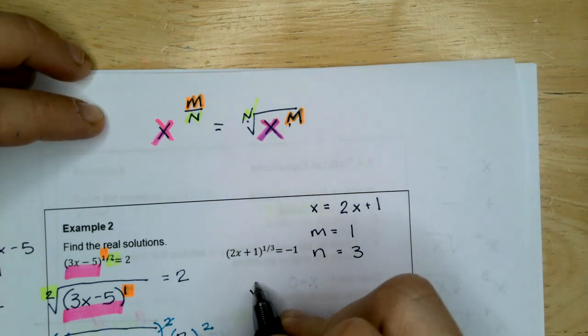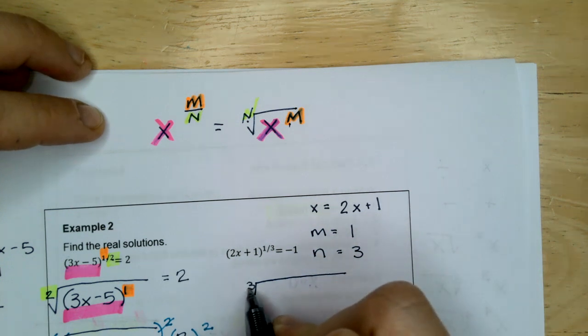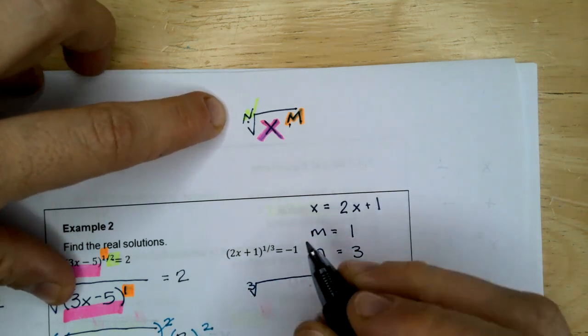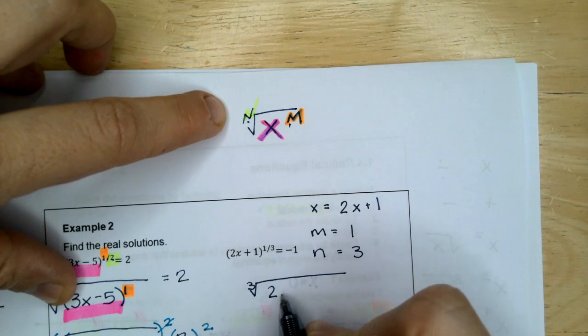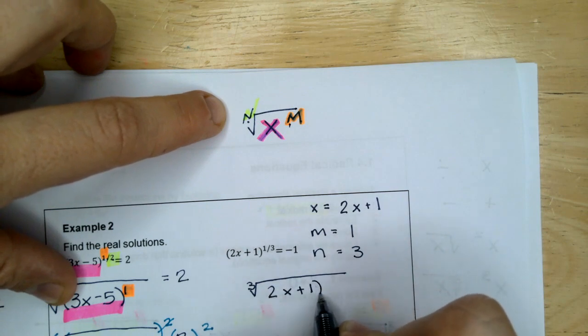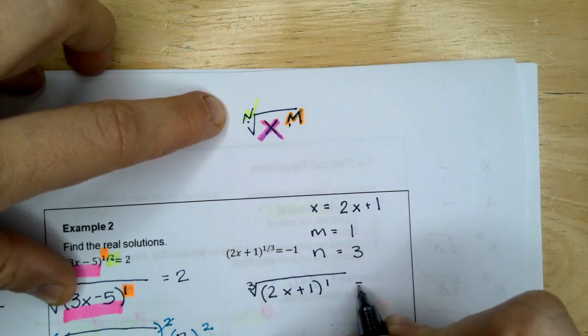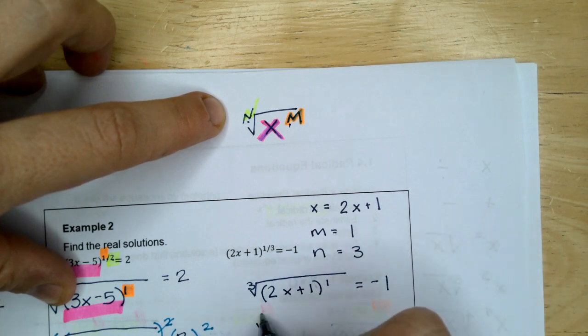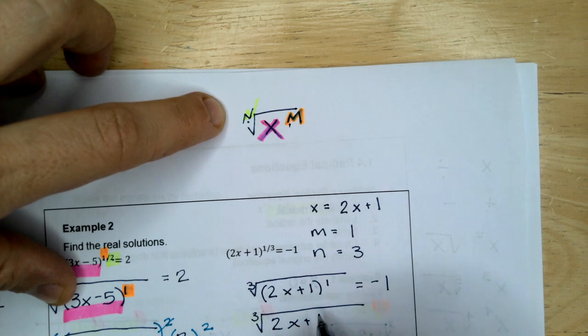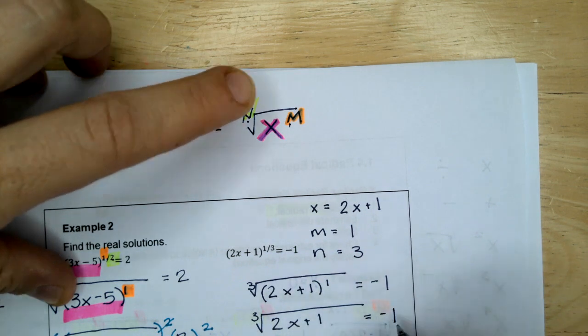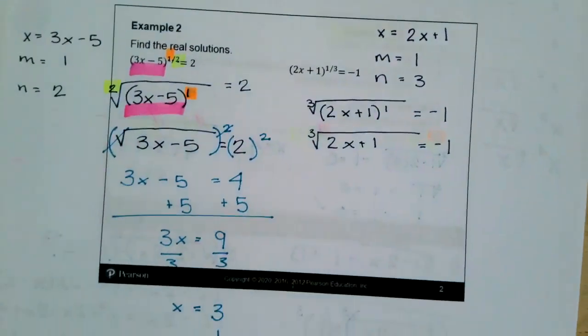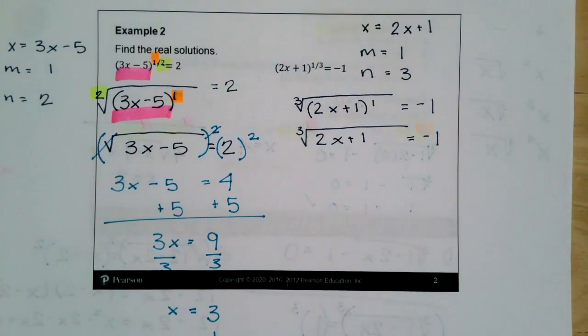So we're taking the third root of 2x plus 1 to the first power is equal to -1. I'm going to rewrite that as the third root of 2x plus 1, without that 1, is equal to -1. So without that exponent sign.